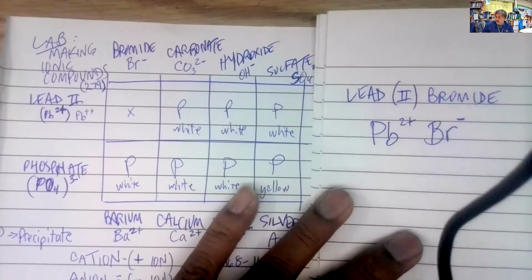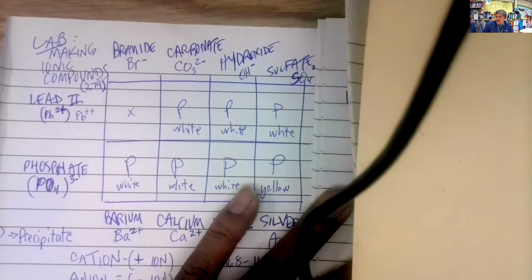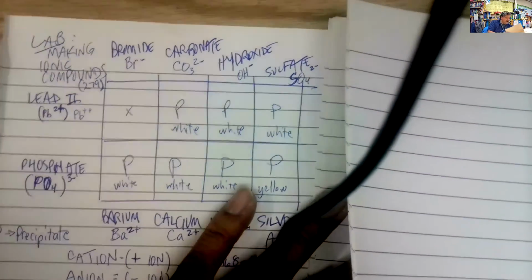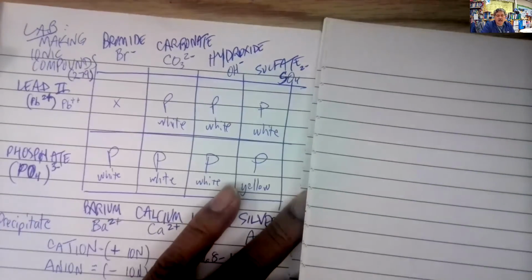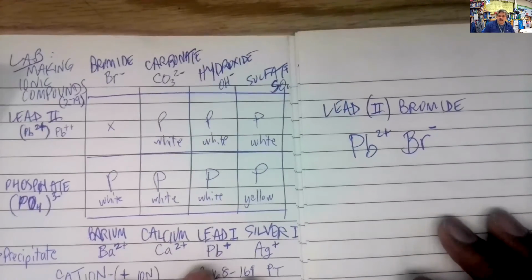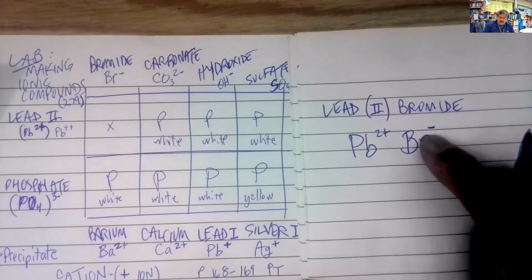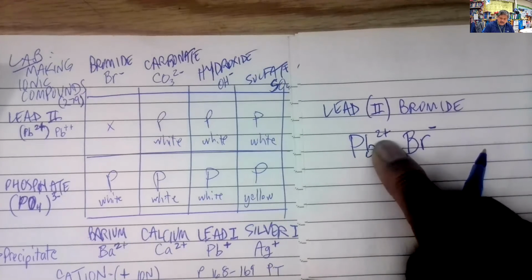So with these charges, I've got to zoom out of the way because it's blocking stuff. Okay, so there's lead 2 bromide, Pb2 plus, Br minus. Over here, I only have 1 minus, and here I have 2 pluses.